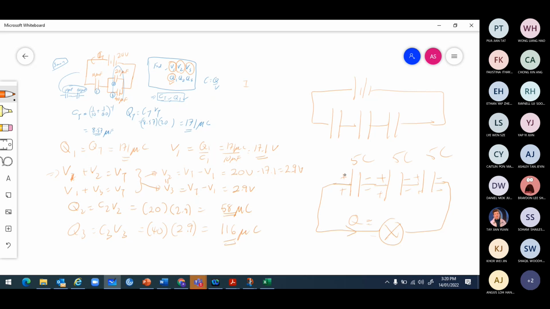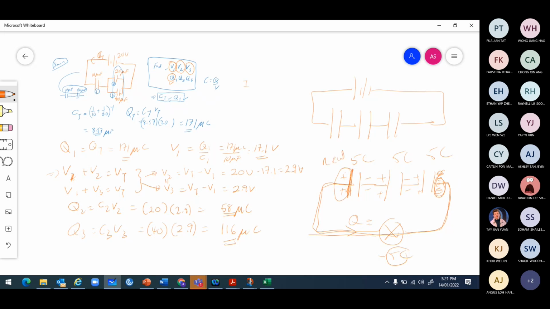Actually the negative charge is the one that flows. Let's say here the negative 5 coulomb of charge, the electrons. When these electrons move and pass the light bulb, the negative 5 coulomb reaches the plate on the left side. What happened to this plate?